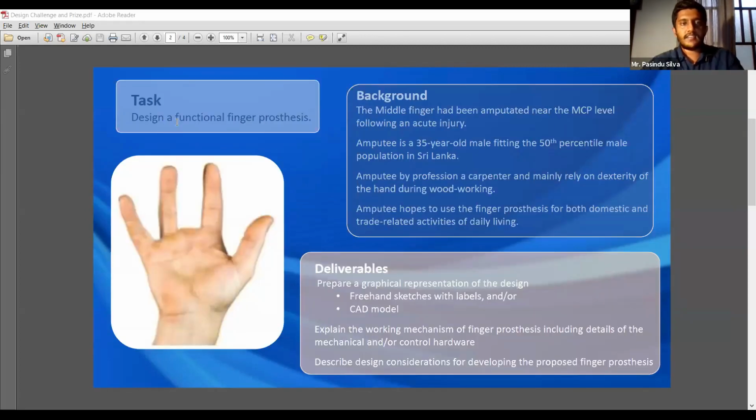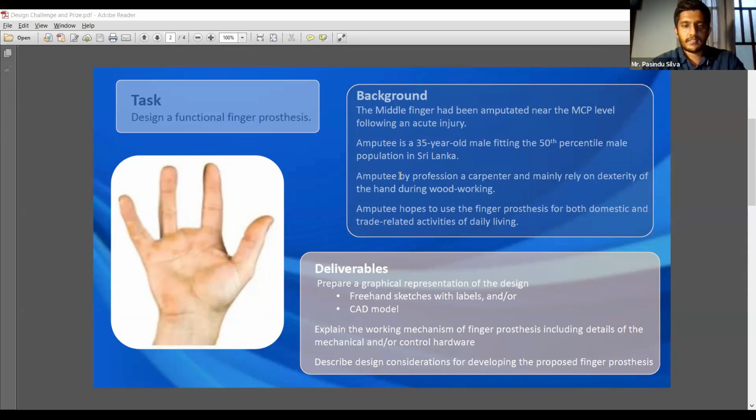So the task is to design a functional finger prosthesis, and the background is as given here. The middle finger has been amputated near the metacarpal level following an acute injury of a 35-year-old male fitting the 50th percentile male population in Sri Lanka. The amputee is by profession a carpenter and mainly relies on the dexterity of his hand during woodworking. The amputee hopes to use the finger prosthesis for both domestic and trade-related activities of his daily life.